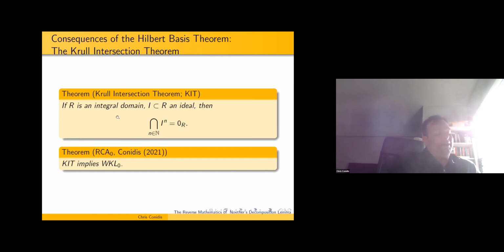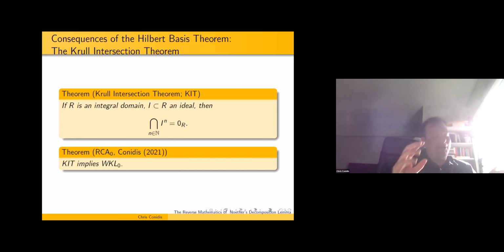The key hypothesis of the Krull intersection theorem is that you need to be working in an integral domain. Recently I've been looking at this in the context of a different project: I've been looking at consequences of the Hilbert basis theorem and analyzing the reverse mathematics of some of those principles.